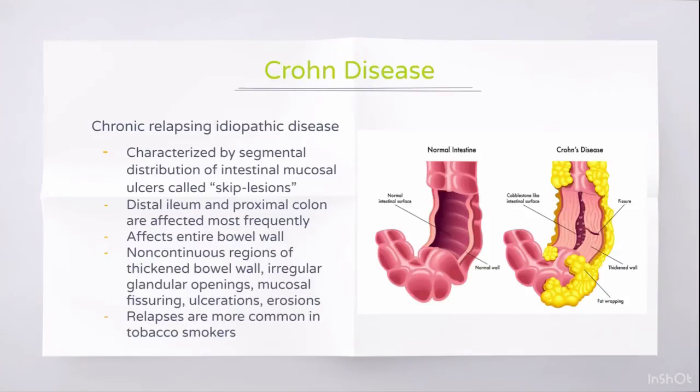It has non-continuous regions of thickened bowel wall, irregular glandular openings, mucosal fissurings, ulcerations, erosions, and relapse is more common in tobacco smokers. Here is a picture of the normal intestine and then an intestine that is affected by Crohn's disease.